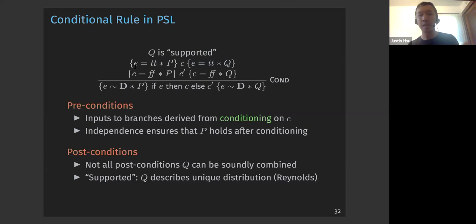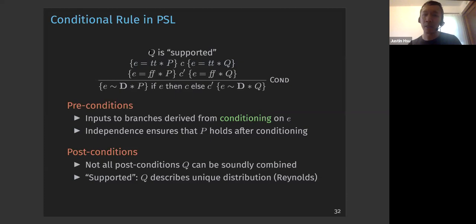You fix E to be equal to true initially, and since it's deterministic, you're assuming it's independent of P. Then you run C, and then you again have E is true with probability 1, and it is independent of the postcondition Q. So this independence here is usually not a strong requirement.